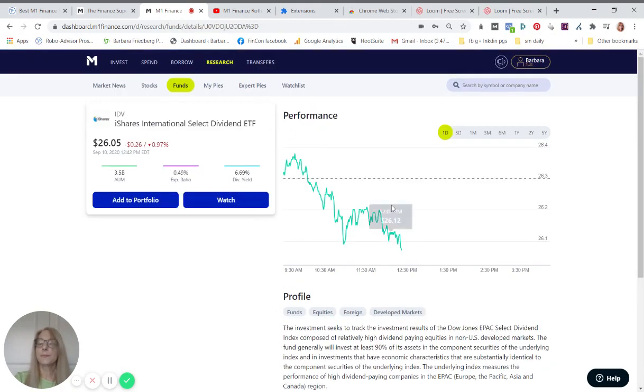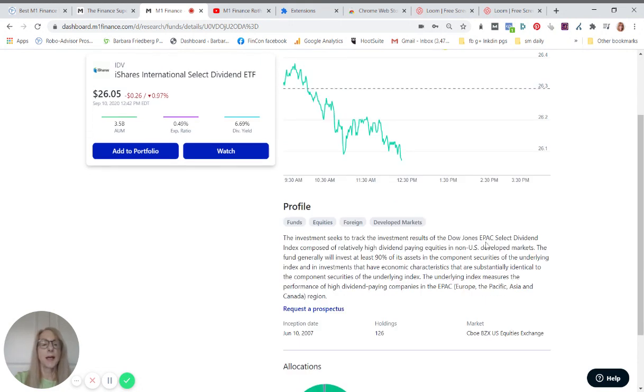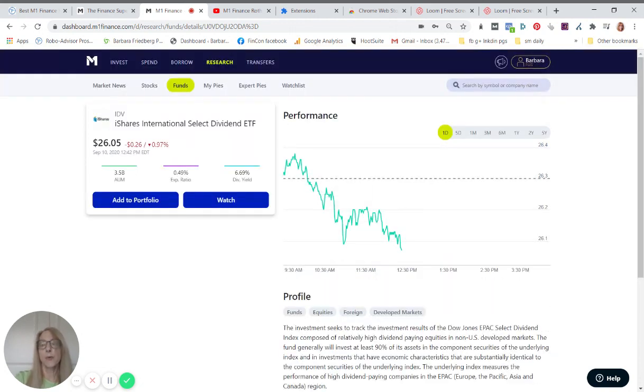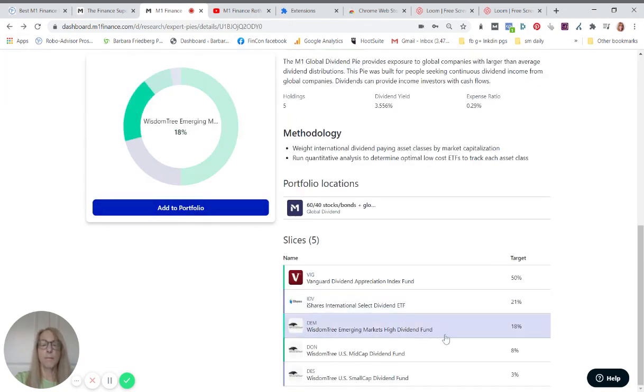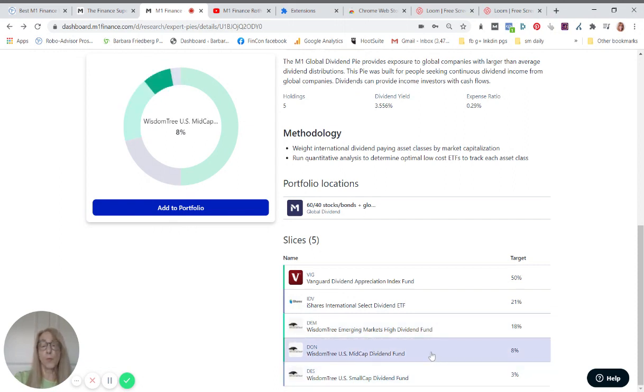And this fund invests in dividend stocks that are in the developed markets, which are developed countries outside of the U.S. Then there is the Emerging Markets High Dividend Fund, and there's only 18% in this fund, and this includes stocks that are from emerging market countries, which are less developed countries like China or India, and companies from those regions of the world.